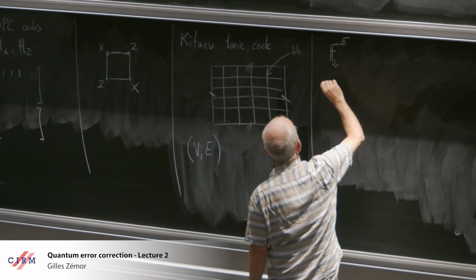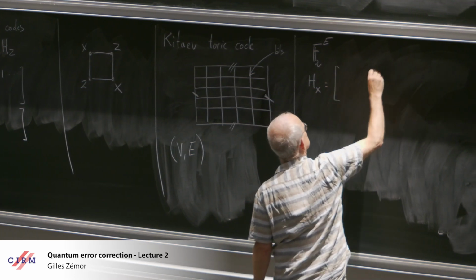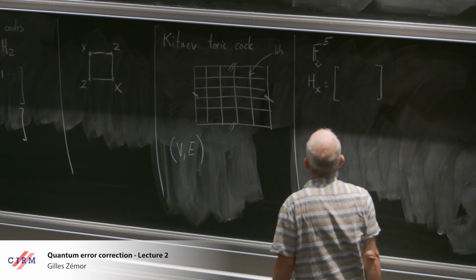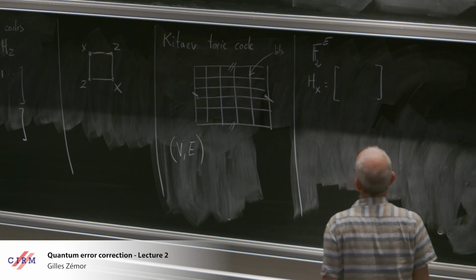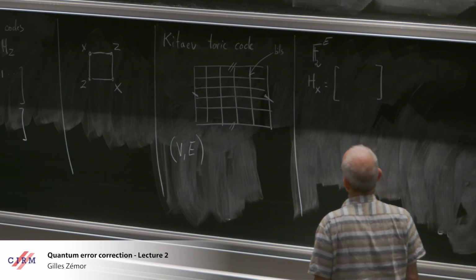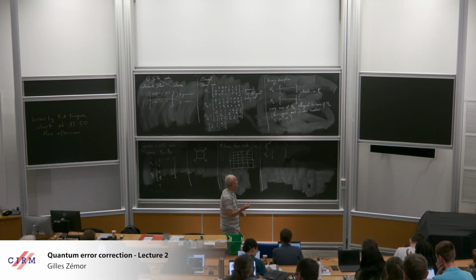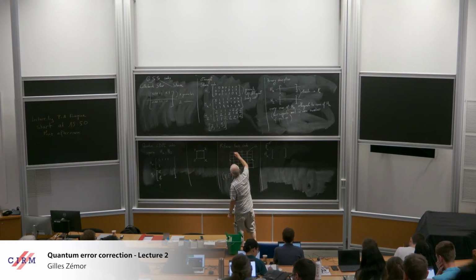And how do we create our two sets of matrices, Hx and Hz? So Hx will be like this.